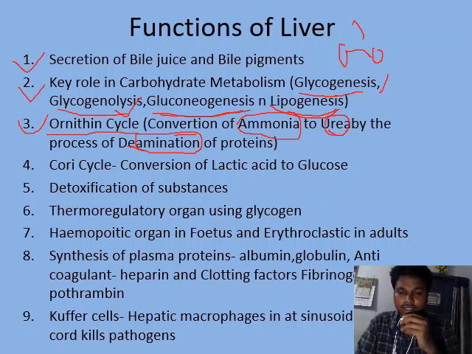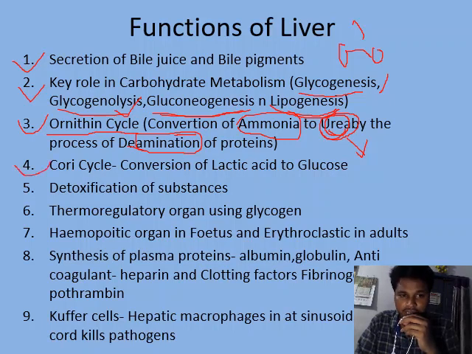Ammonia can become a poisonous substance in the blood if it continues to flow. So whatever ammonia is produced in the body, it is converted into urea. Hence urea is a little harmless substance. Okay, the process is known as the ornithine cycle.